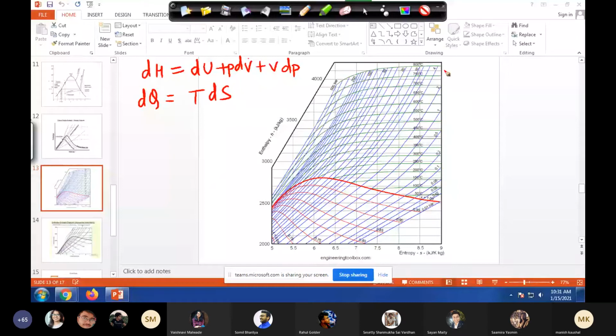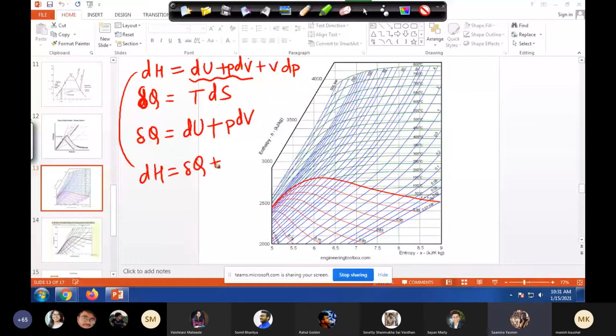I should write it as ∂Q. Samira, you tell me. ∂Q is dU plus PdV, because we are considering only PdV work. So I can write dH equals ∂Q plus VdP, and ∂Q is nothing but TdS, right? That's all. It is that relation.